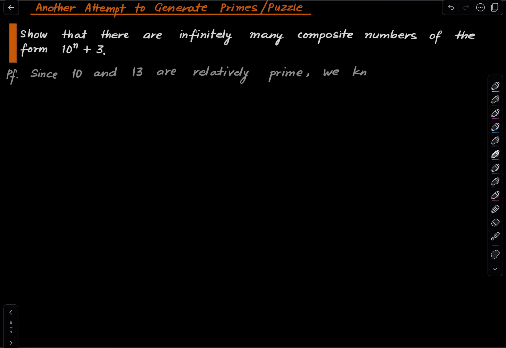We know that there is some natural number, we'll write that as capital N, such that 10 to the power N is congruent to 1 modulo 13. In particular, you can take this to be the order of 10 modulo 13. But any such natural number N is enough for our purposes.